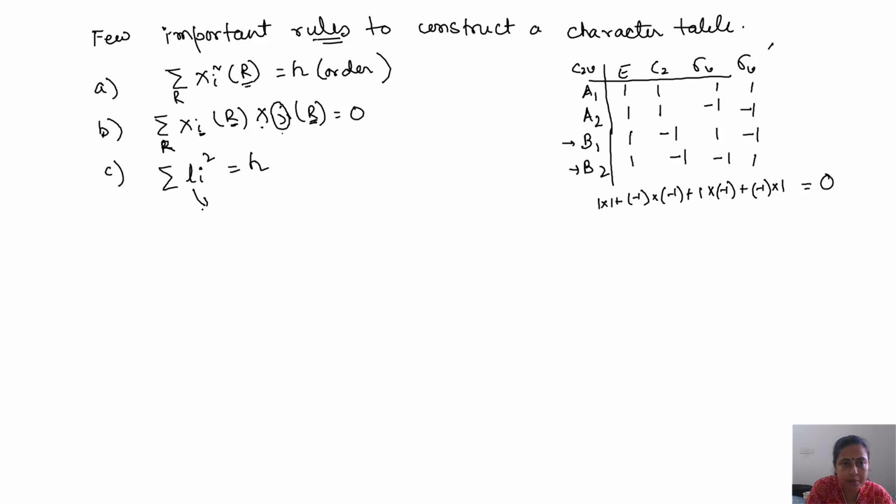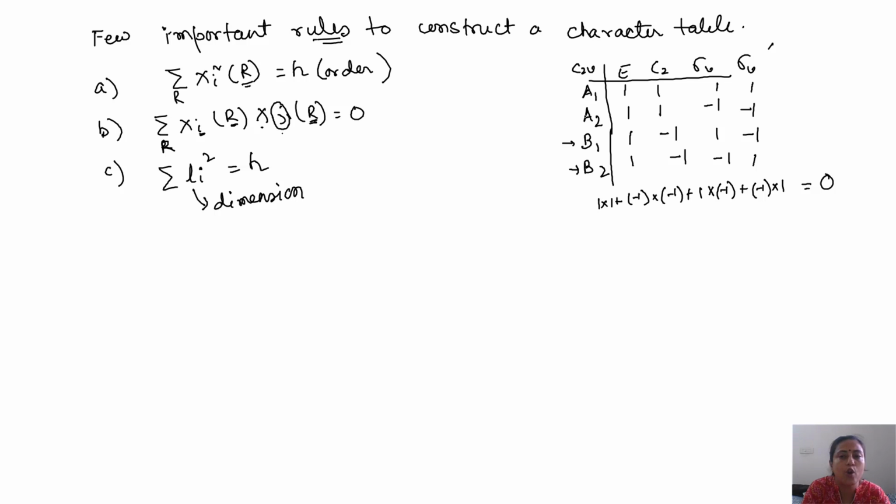This is the dimension. So here it says the sum of the squares of the dimensions of the irreducible representations is equal to the order of the group. In this particular character table, we have all one-dimensional irreducible representations.